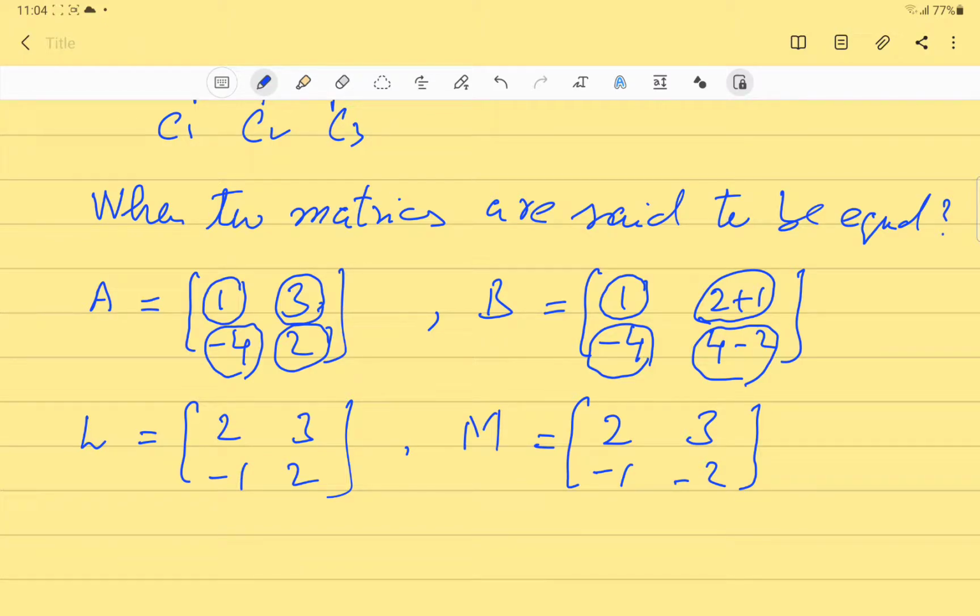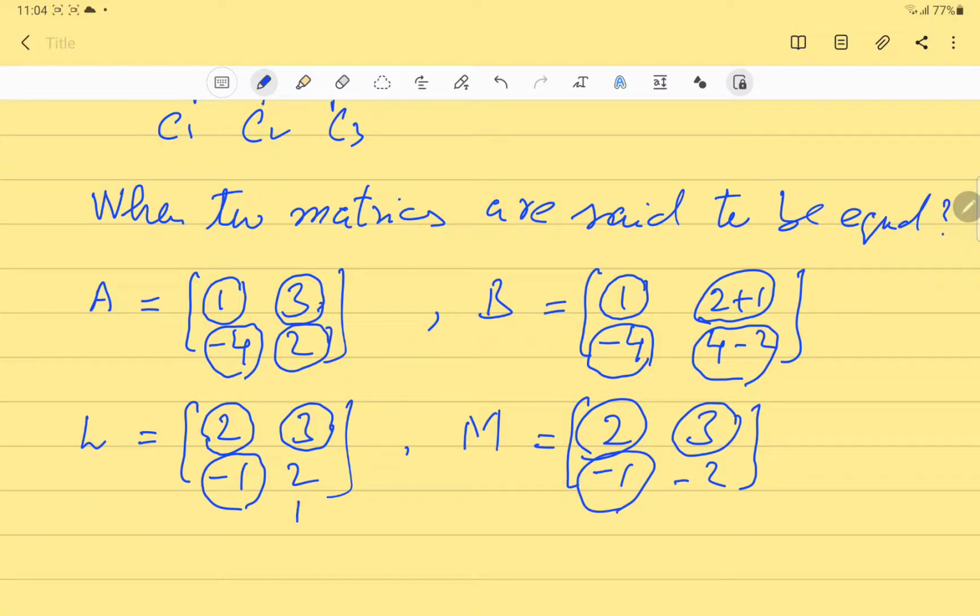Now we go to the second condition, where the entries of both the matrices should be the same. First we check the first one. 2 is equal to 2, that's fine. 3 is equal to 3, that is fine. -1 is equal to -1, okay. But the fourth entry, which is this one and this one, they are actually not equal. In one matrix it is 2 and in the other one, which is M, the entry is -2. So it means L is not equal to M.